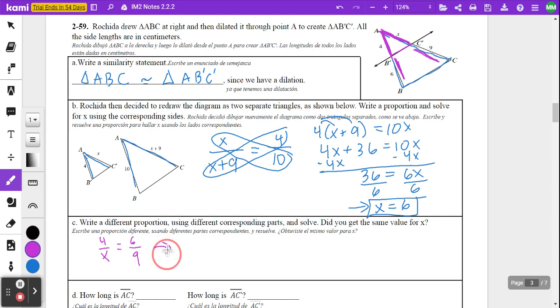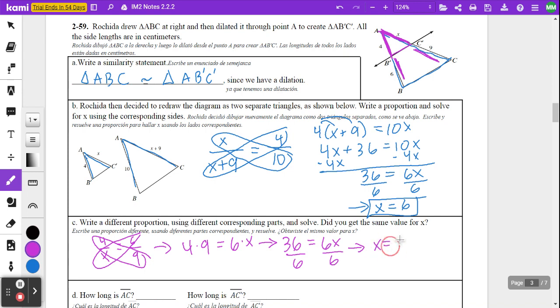That gets me 4 times 9 equals 6 times x. I cross multiplied. Okay, that gets me 36 equals 6x. I divide both sides by 6, and I get that x is 6. Same answer. This is referred to as the triangle side splitter theorem.